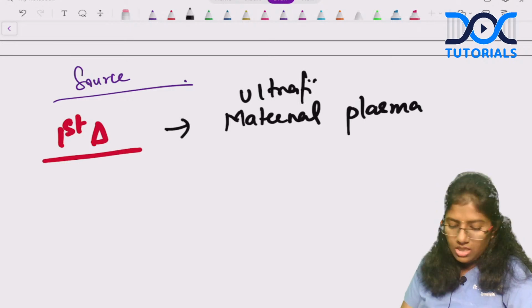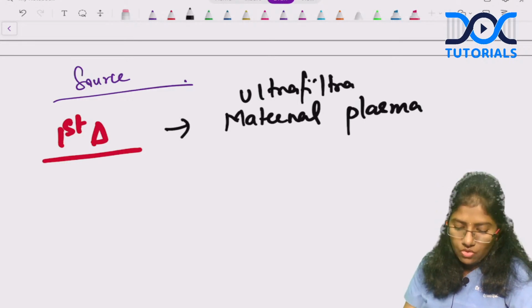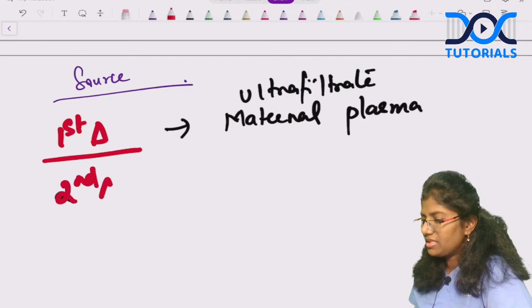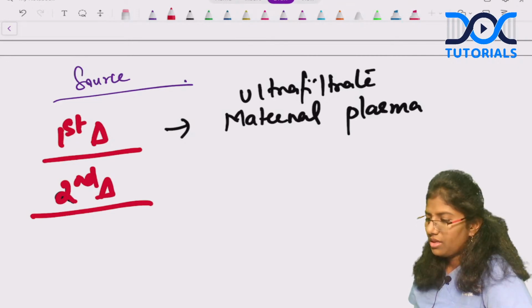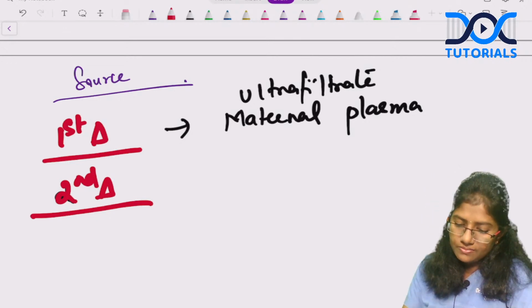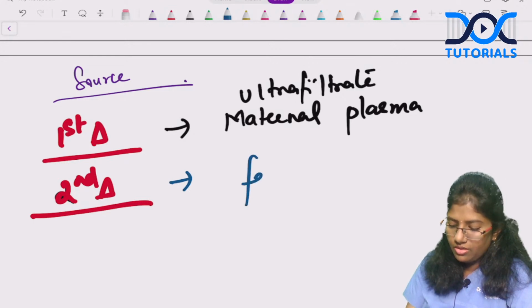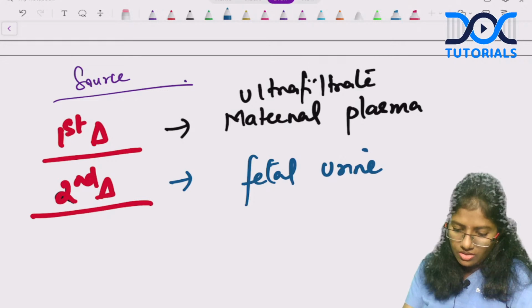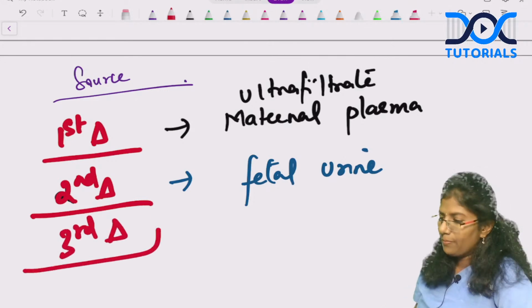Okay. So, what is the source in the second trimester? Who contributes in the second trimester? In the second trimester as well as the third trimester, from the second trimester onwards, it is fetal urine.